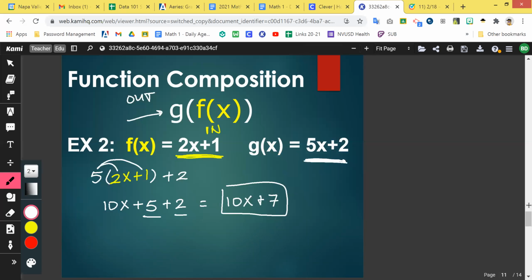So depending on the composition, depending on what function is on the outside, the answer is going to change. So that's why it's super, super important that you make sure you understand how to read the function composition. You start with the outside function, and then you put the inside one into those parentheses. Okay. Any questions on example 1 or example 2?